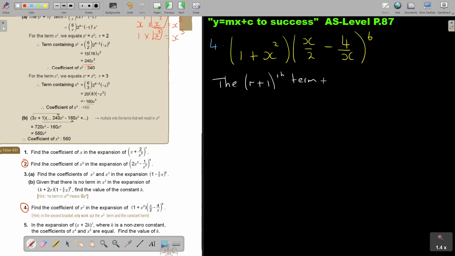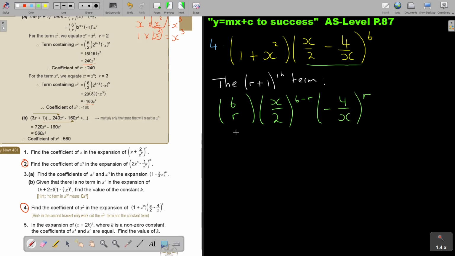I'm going to work out that. I'm going to say T_(r+1), just like I did in the previous one. Then I take the first term, I'm just working with this bracket, the first term is x, to the power 6 minus r. And I take the second term, and it's just r. And now I simplify it.